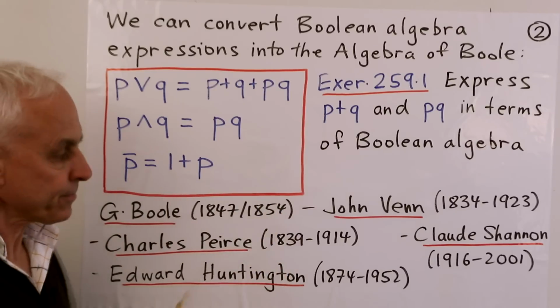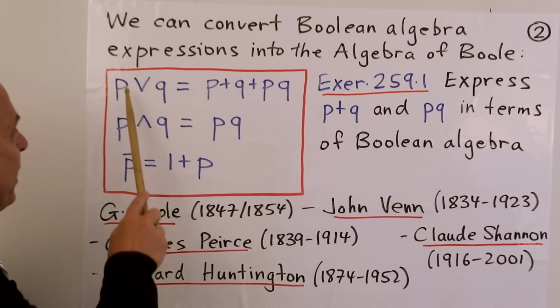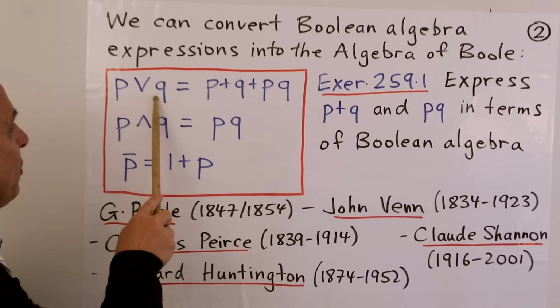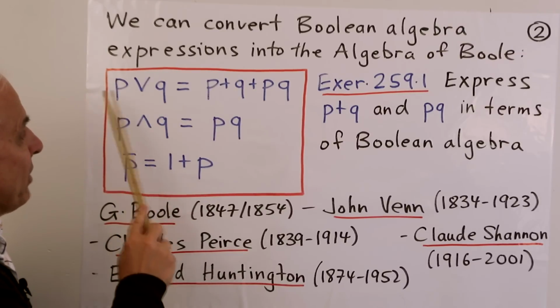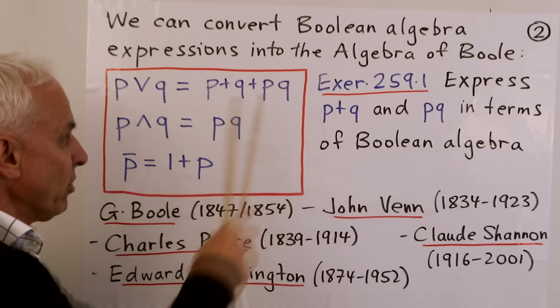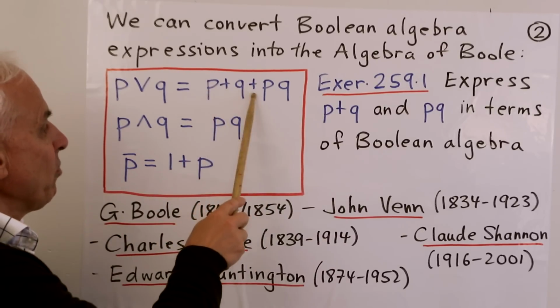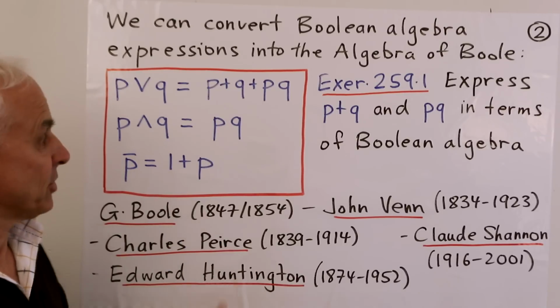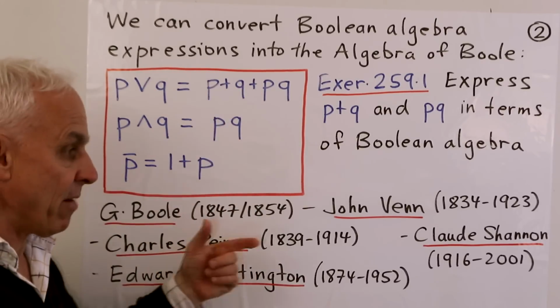So the union operation, P union Q, can be written in terms of the addition and multiplication, the mod 2 Boole operations, as P plus Q plus PQ. So it's really the sum of the sum and the product.